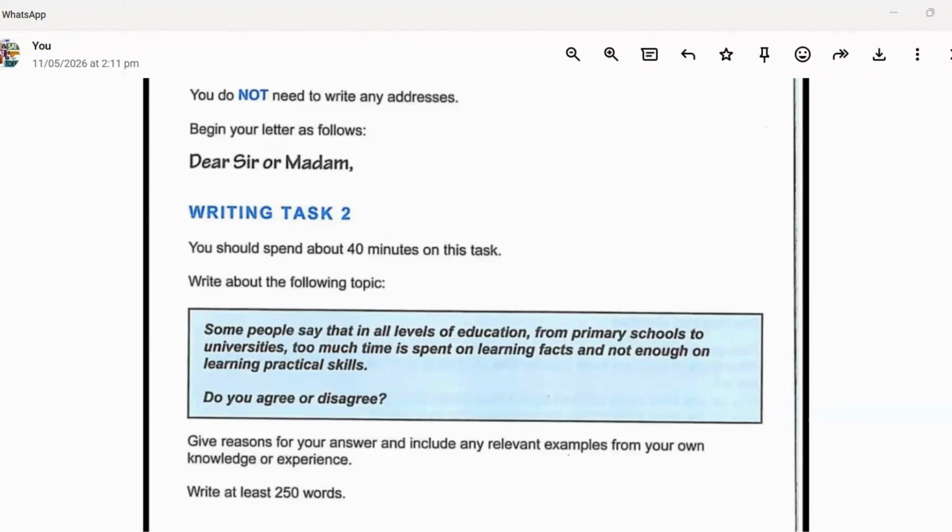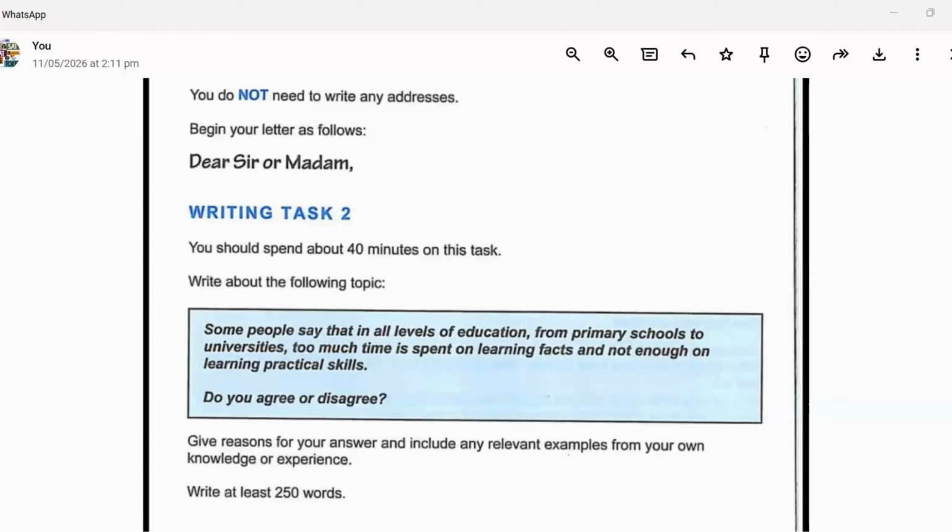The first one is a noun, the second one is a verb. In the first one, the stress is placed on the first syllable, and in the second one, the stress is placed on the second syllable, in case you're pronouncing it. Advice, the first one, which is the noun. Advise, the second one, which is the verb.